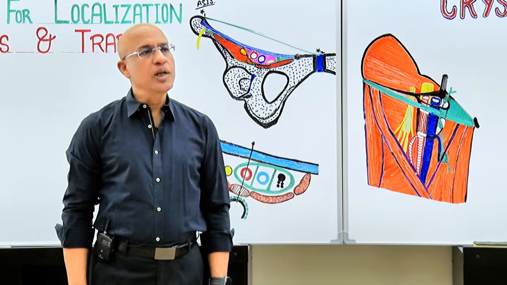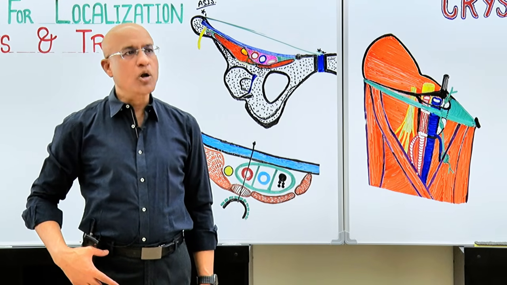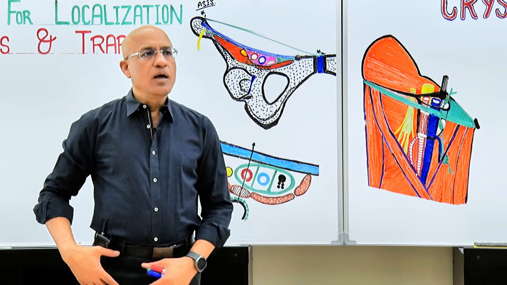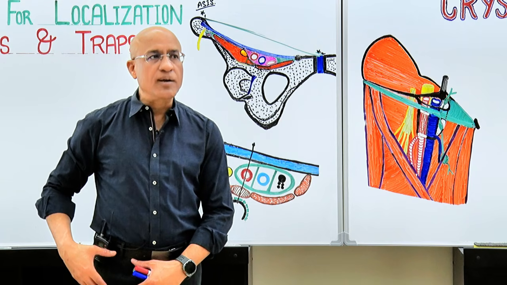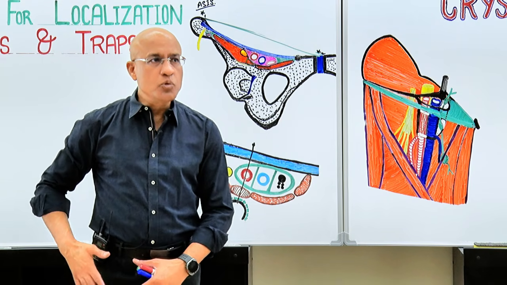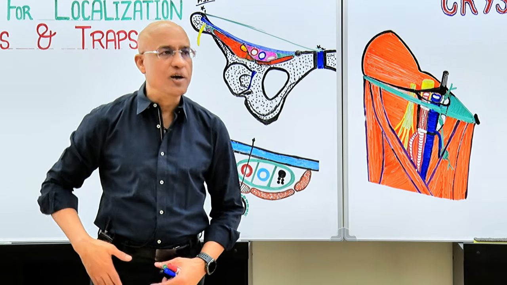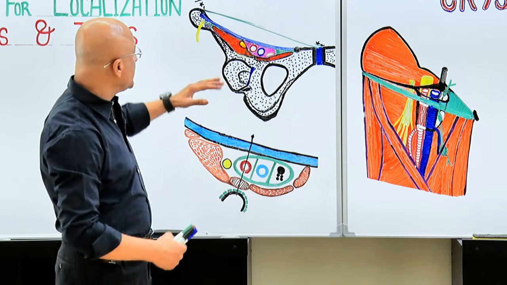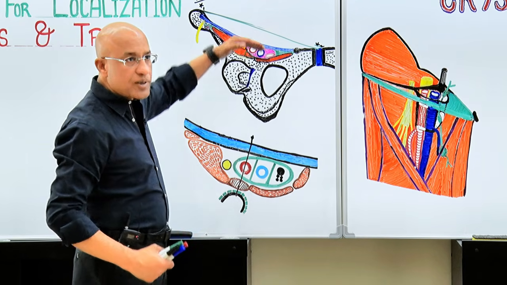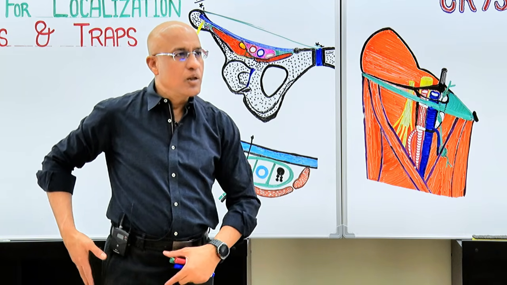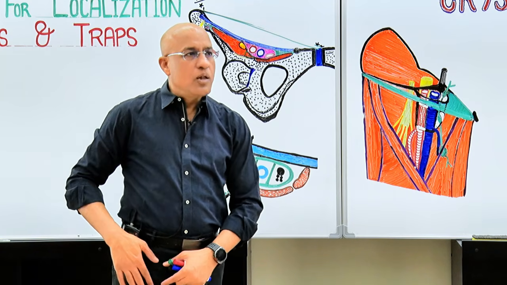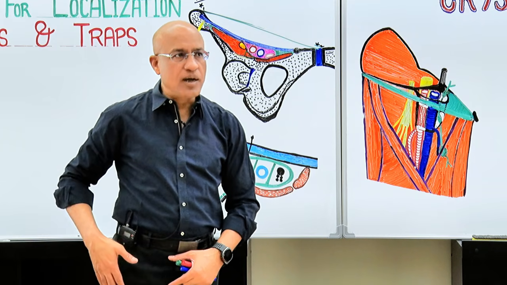Now, especially in obese or highly muscular patients, to make access to this artery easier, you need to relax the fascia lata. You know, the fascia lata is anterior to this artery, right? The fascia lata is the deep fascia of the thigh.